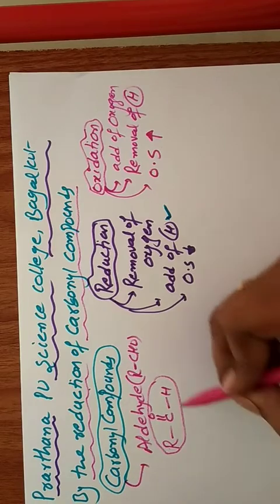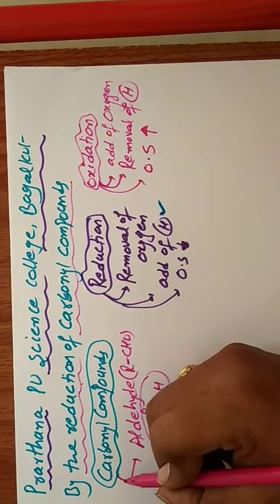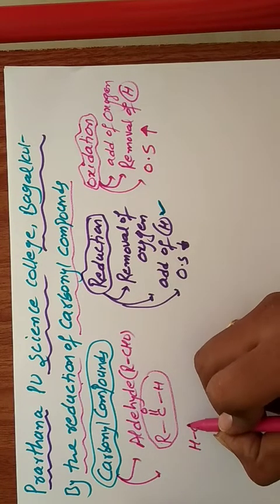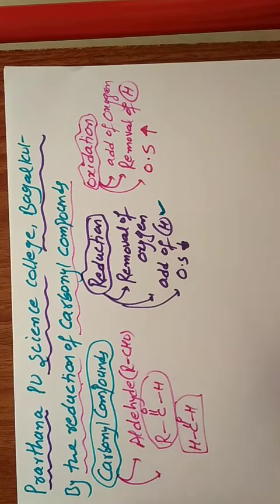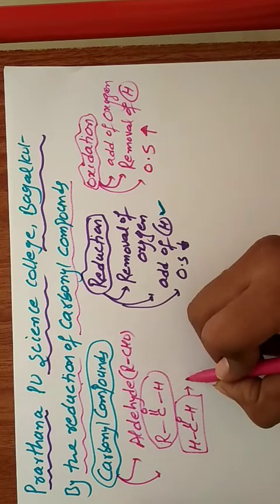Suppose R is hydrogen or an alkyl group. What is the first compound in aldehydes? H-C double bond O-H, where instead of R we take hydrogen. This is called formaldehyde.